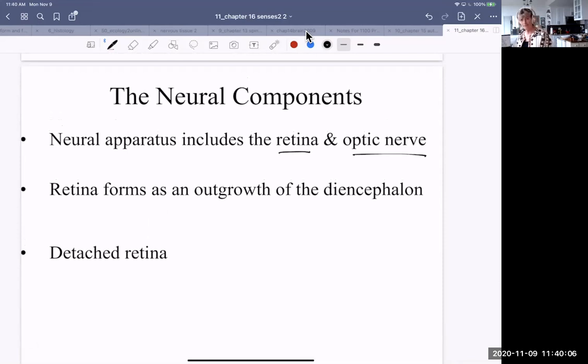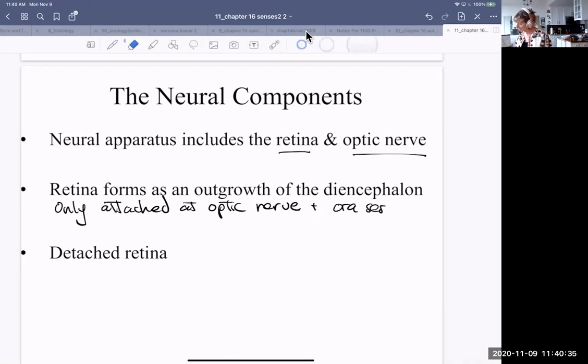So it's only attached at a couple of places. Other than that, it's just maintained there largely by the vitreous humor, although that's mostly when you're young. So it's only attached at the optic nerve and a structure known as the ora serrata, which looks a little bit scalloped.